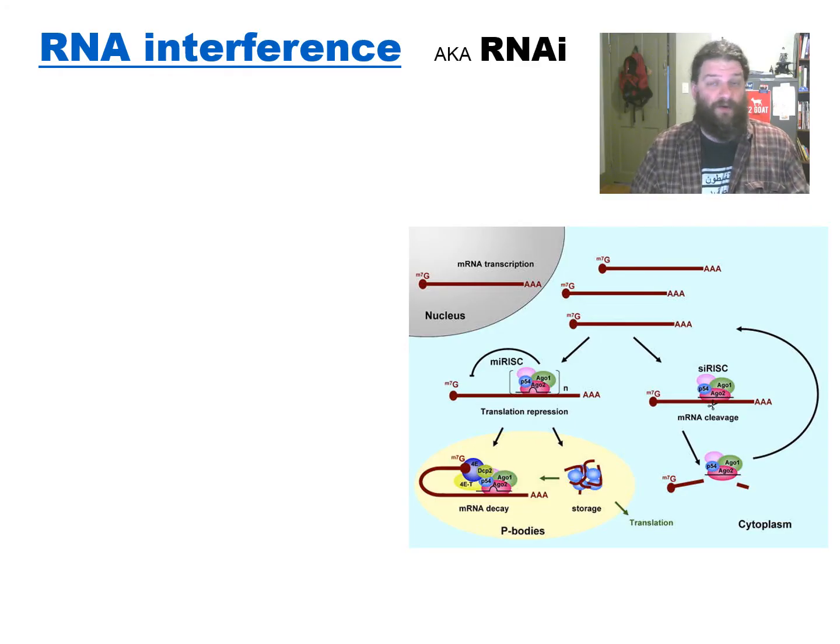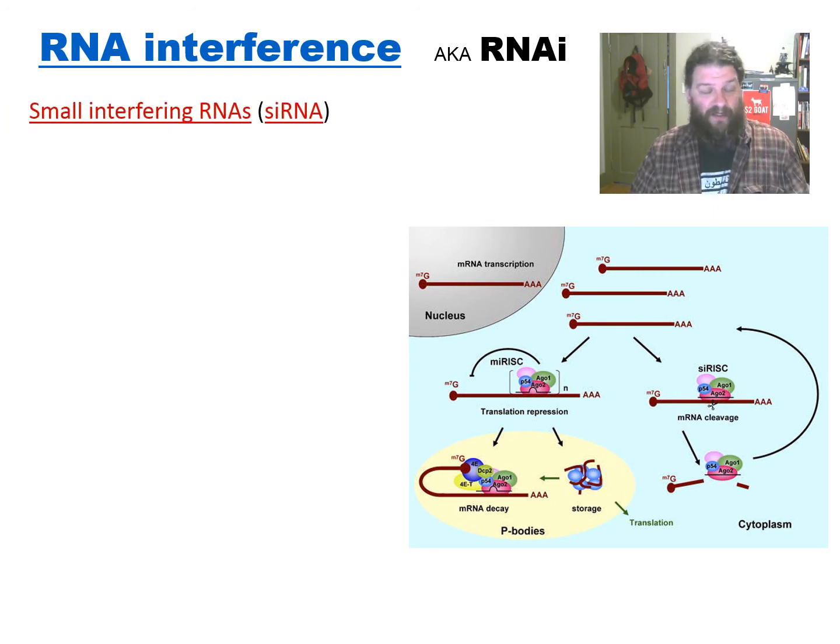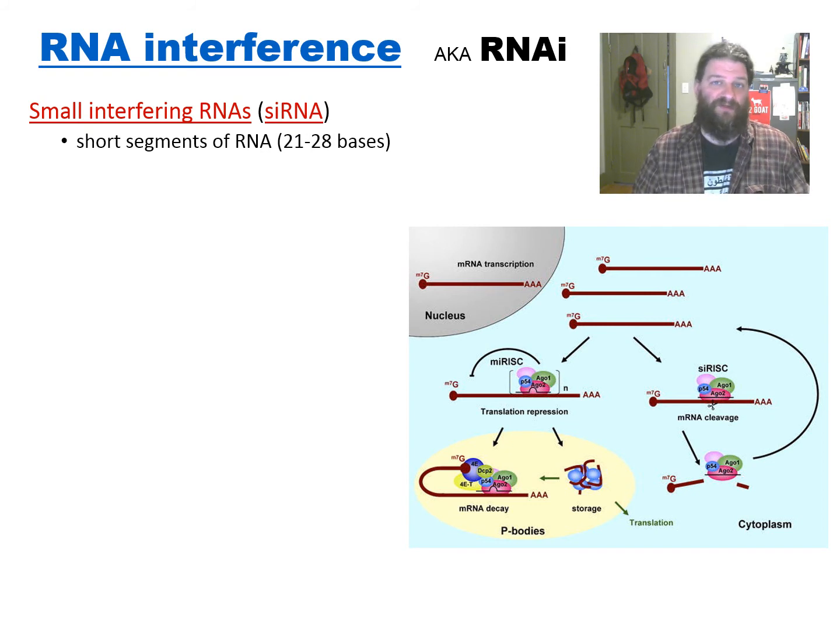Nucleases are not the only cytoplasmic hazard that messenger RNA has to contend with in order to become translated into a protein. Turns out there's other RNA out there that can also get in the way and keep the messenger RNA from doing its job. Small interfering RNAs are short sections of RNA that bind to the messenger RNA.